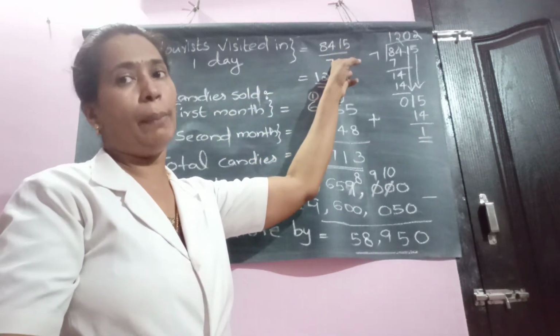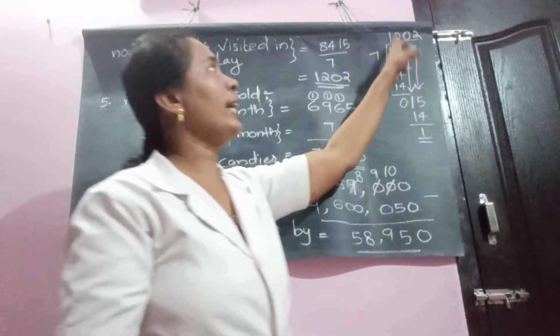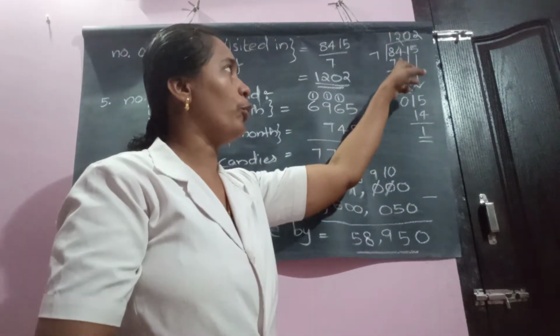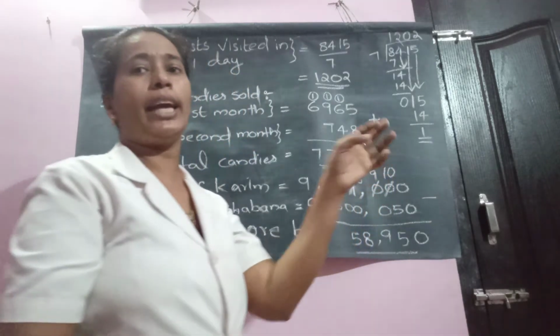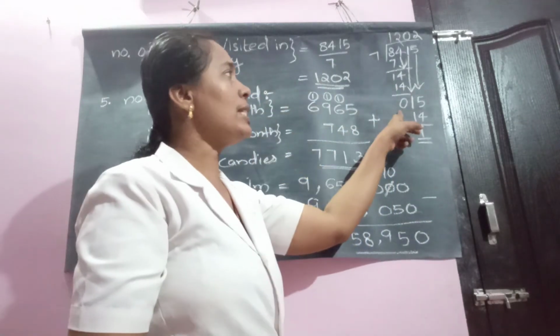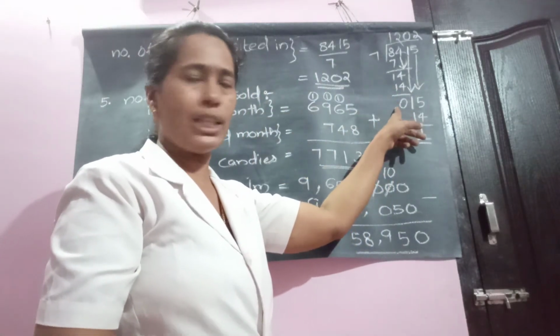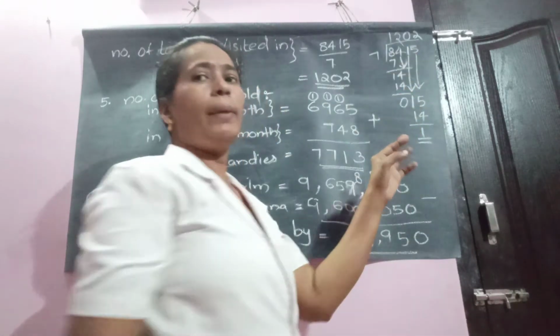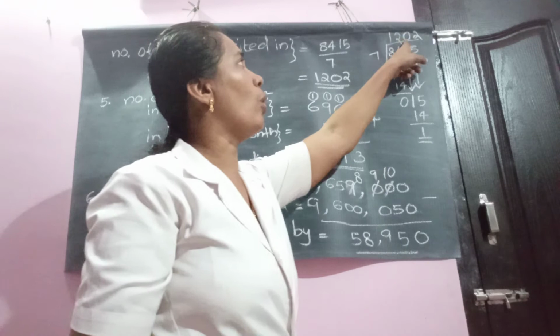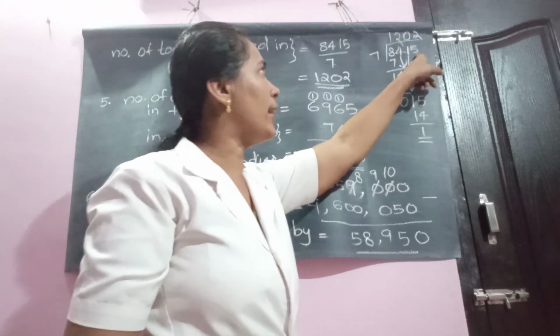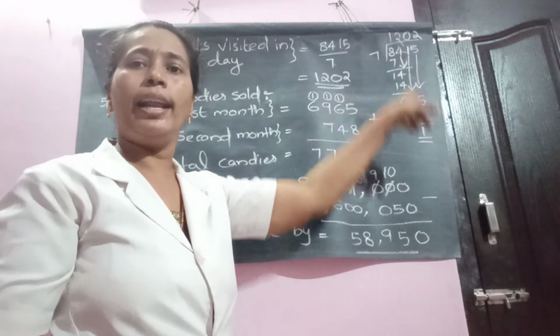8415 divided by 7. In 8, 1 time. Balance 1, bring down 4. In 14 how many times? 2 times. 14, after subtraction 0. Bring down 1. Is 1 divisible by 7? No. So 0 on the top, and along with that, bring down the last digit 5.